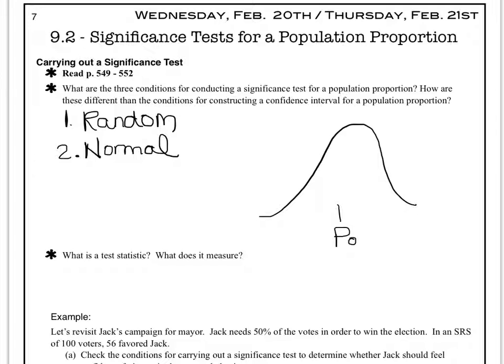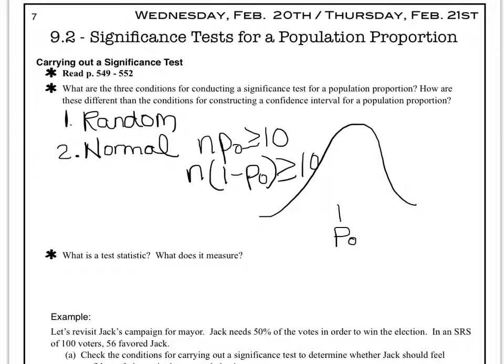That means that in these normal conditions, we need to use the null because that's what we're assuming is true. So that is the one difference between confidence intervals and significance tests: when you check the condition, you need to assume the null value is true.